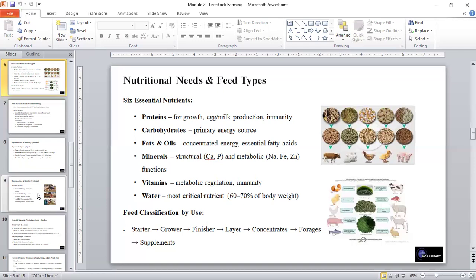And when the animal gets to maturity, we offer the finisher feed. For egg layers, especially poultry, we give the layer feed. Then concentrate for farm animals, forage for ruminant animals, and also supplements.